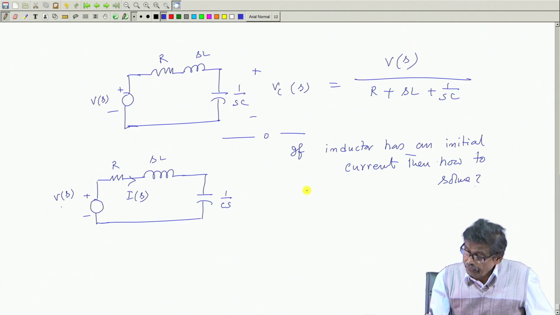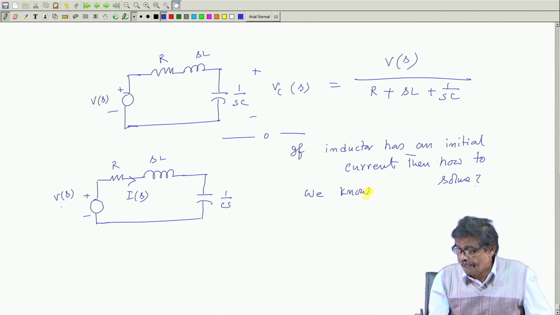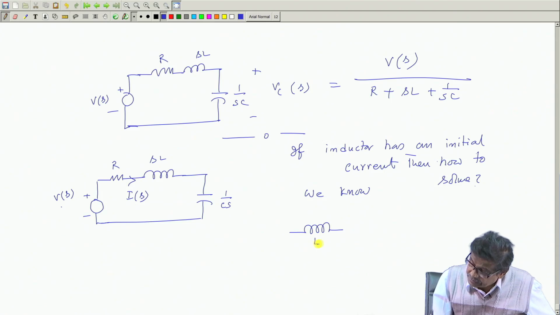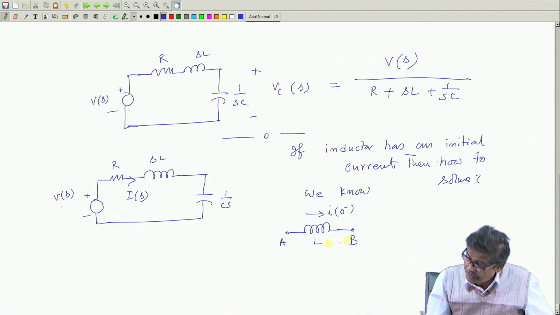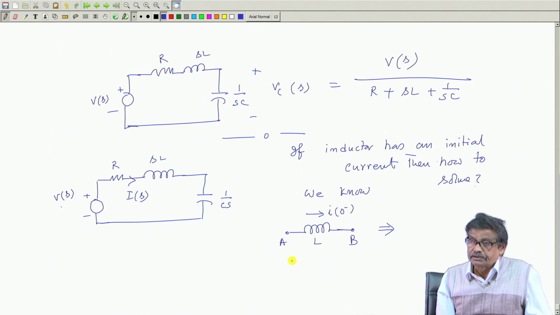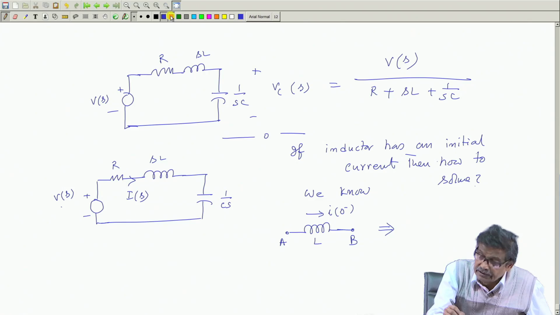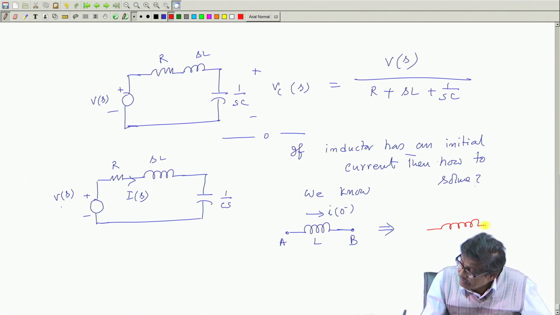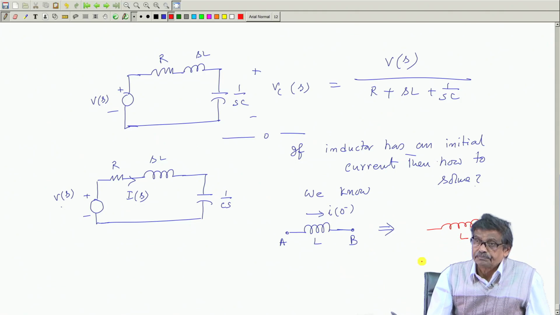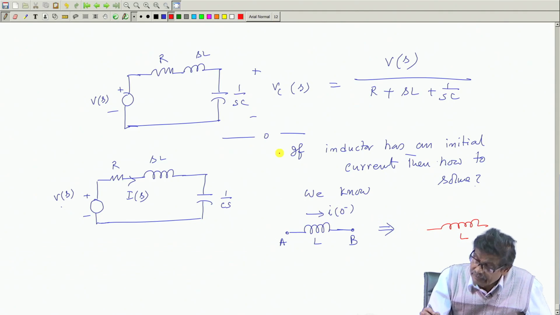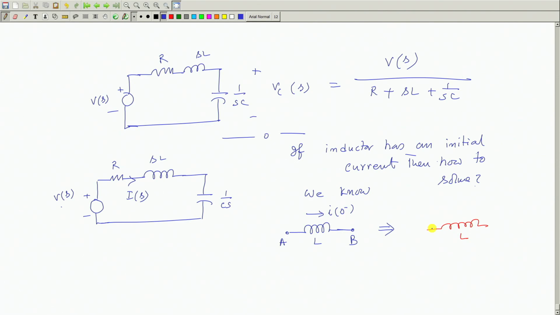Now, you know that we discussed at length in my initial lectures, if you have an inductor with an initial current I 0 minus across the terminal points A B, it is equivalent to an inductor which is uncharged, but across it a current source is connected. In time domain I am telling, is it not?